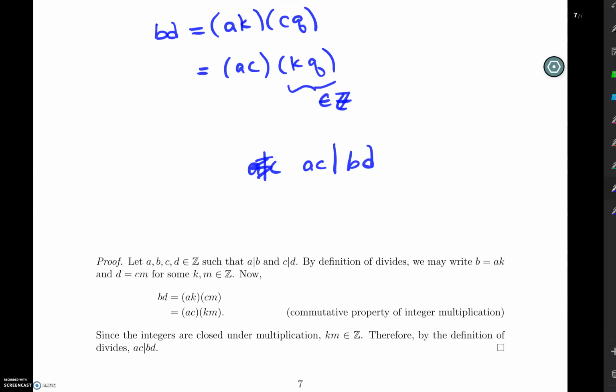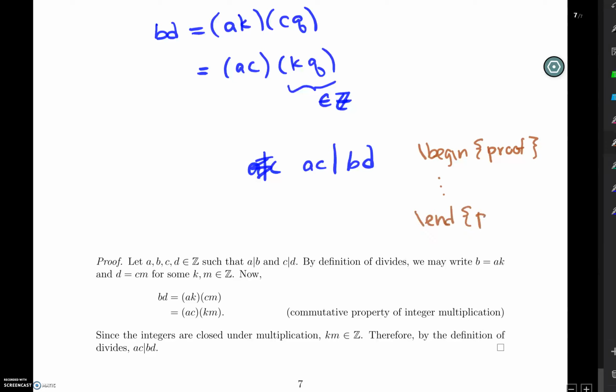Here it is typed up in LaTeX. And note that in LaTeX you want to use the proof environment. So you can begin your proof, type your proof, and of course anything we begin, we have to end. So using this environment and turning what's above into sentences, we have the following proof.